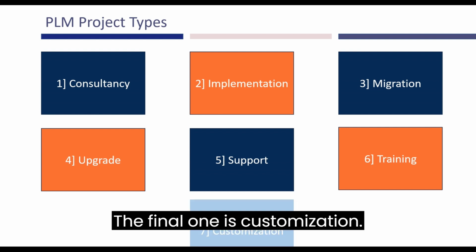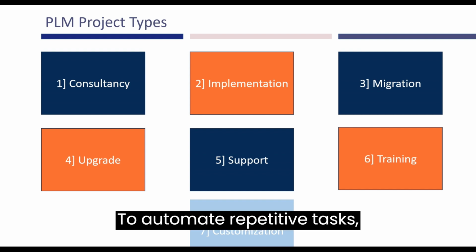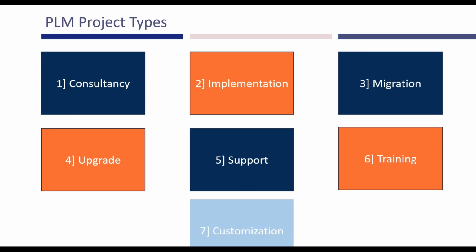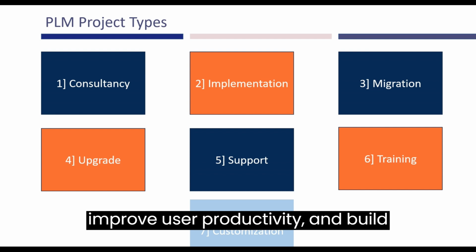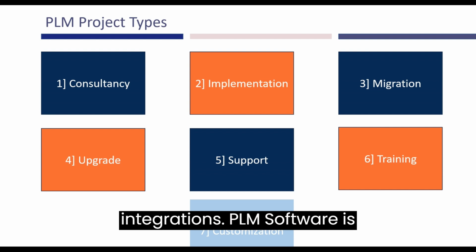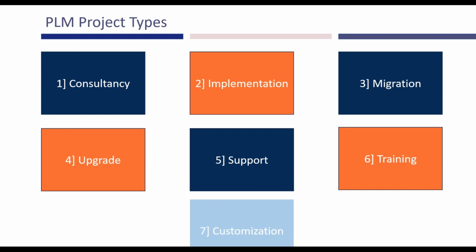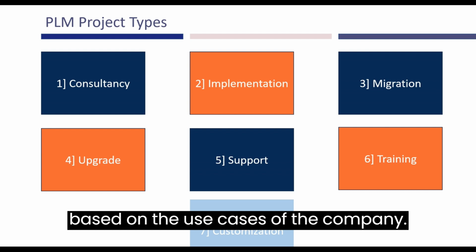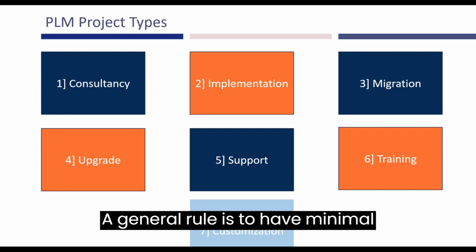The final one is customization. To automate repetitive tasks, improve user productivity, and build custom interfaces and custom integrations, PLM software is customized and personalized based on the use cases of the company.